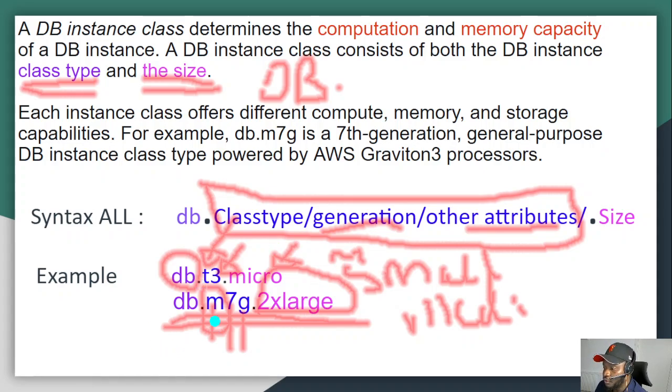Guys, don't make the error of thinking that M is memory optimized. Memory optimized instance classes are R and X. Then the 7 is the seventh generation, and the G is Graviton. This instance class uses the Graviton 3 processor.